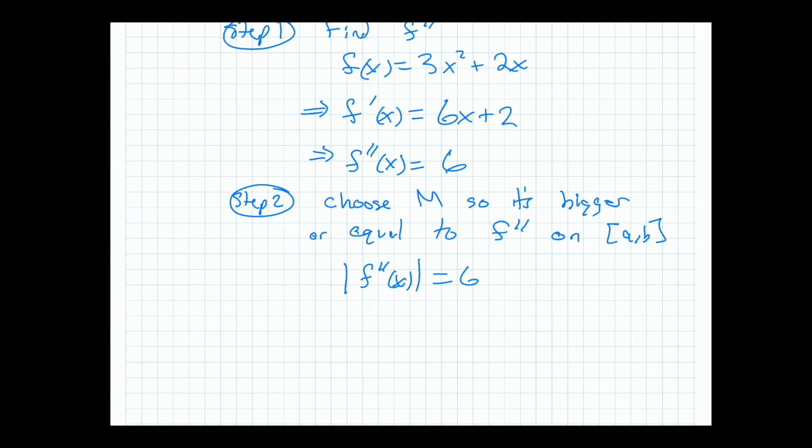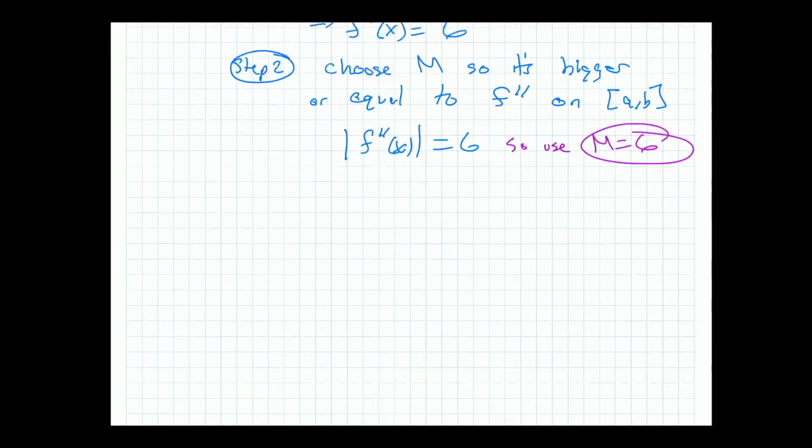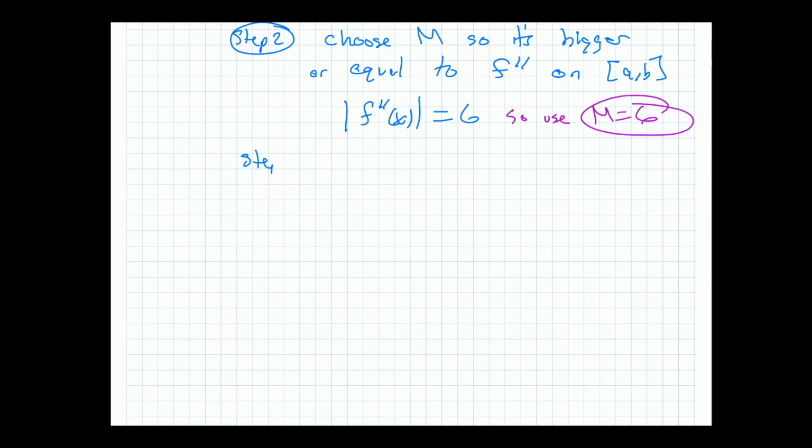That's what it is. So why don't we just make that M? So use M equals 6. That's fine. That's easy, right? We just need a number bigger than the second derivative, bigger than or equal. So if the second derivative is 6, pick 6. Easy, right? Now then you just want to plug all the numbers into your error formula.